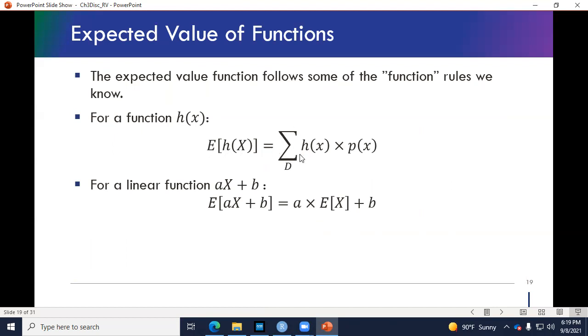It's just a summation over all the possible values of h(x) times p(x). And for a linear function aX plus b, for example, this is our h(X), and the expectation of it, you just do a times E[X] plus b.